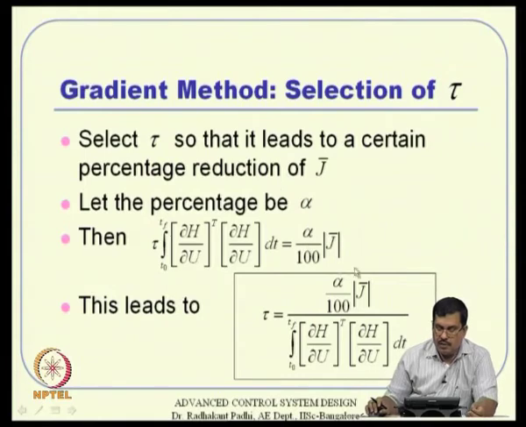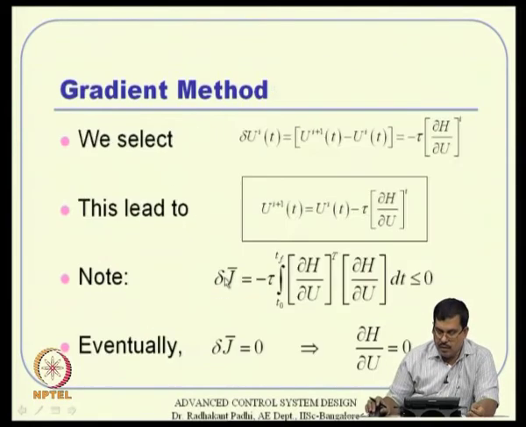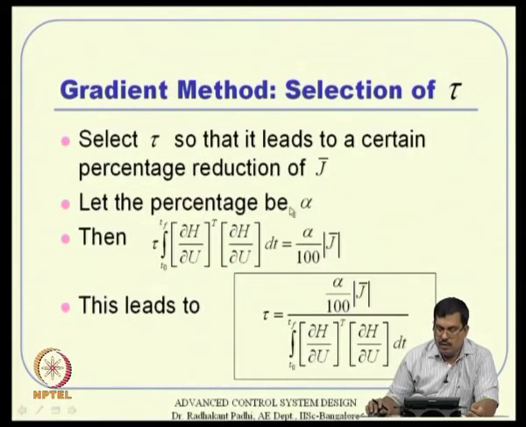Let that percentage number be alpha. Then what it tells you is that del J bar, what is left out here, has to be equal to a certain percentage of the J bar that you already have. So, that means alpha by 100 into that actually. That way you can compute a tau based on this. You can solve for tau from here, and that is your tau value actually.